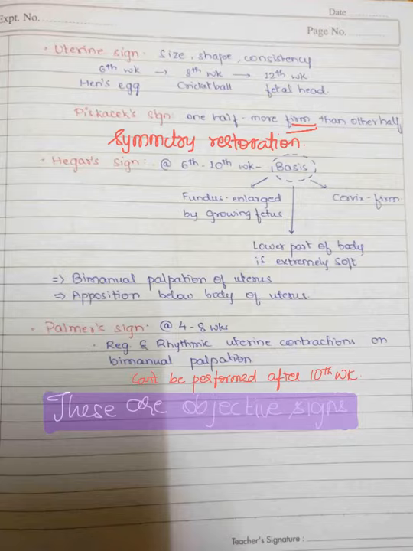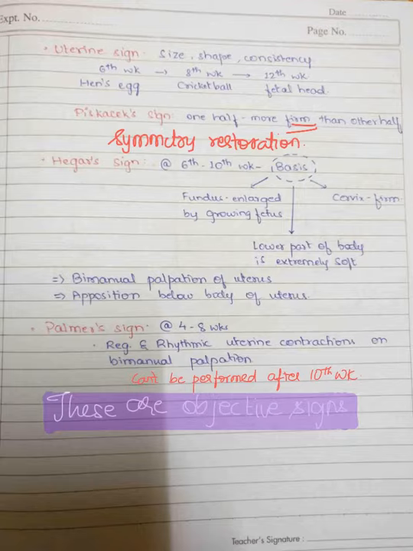And on apposition of these fingers, which is below the body of the uterus, you can elicit this sign, and the uterus becomes cup shaped. And this should be done with extreme care and gentleness, so that it will prevent any kind of abortion due to eliciting of this sign.